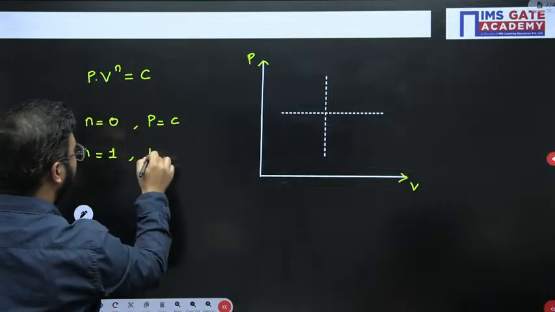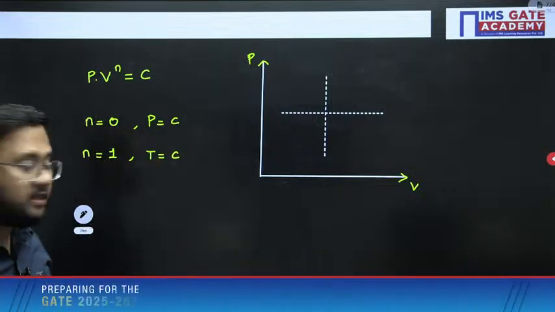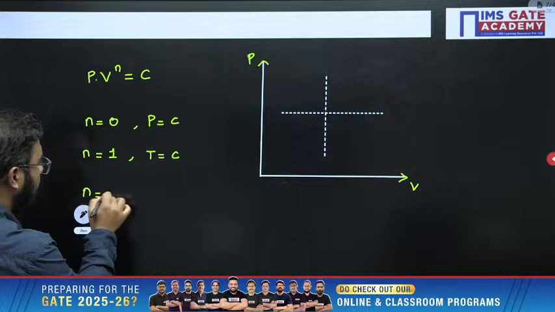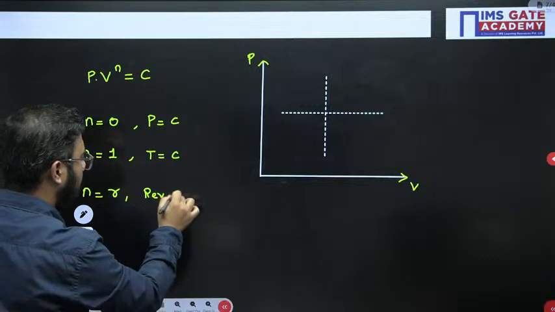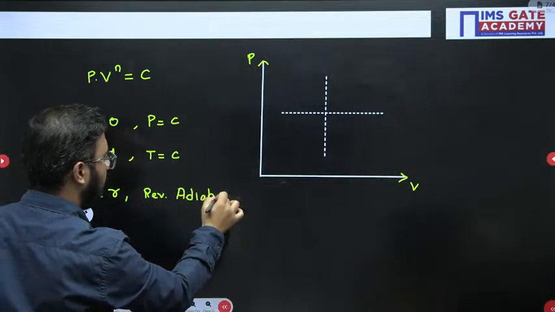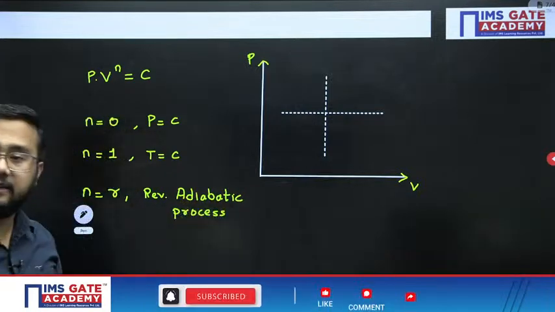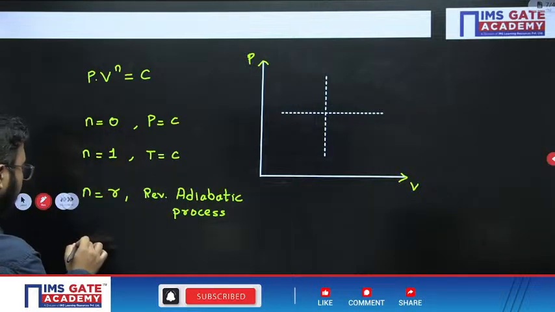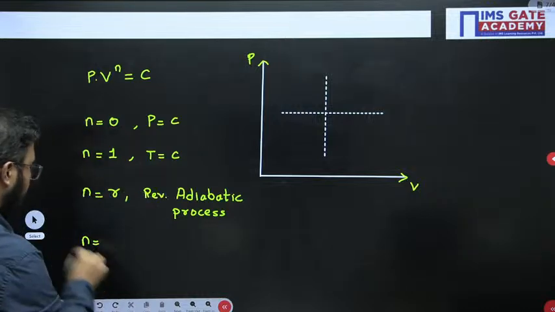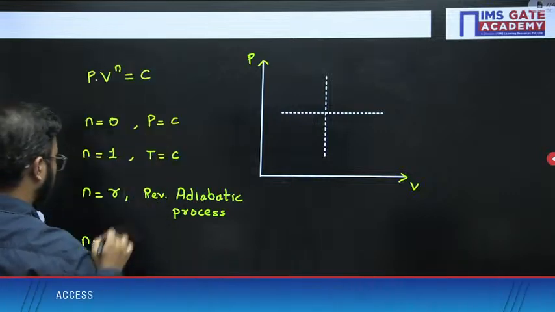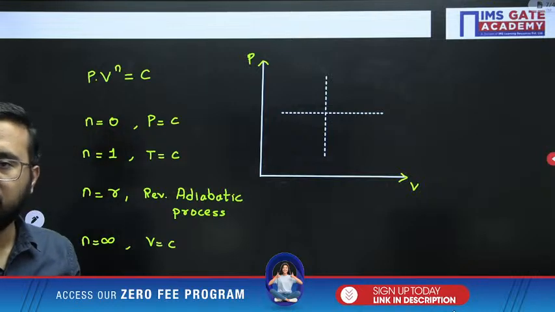You will have temperature constant. Now n equals gamma: you will have a reversible adiabatic process. And finally, if the n value is infinity, you will have a constant volume process.